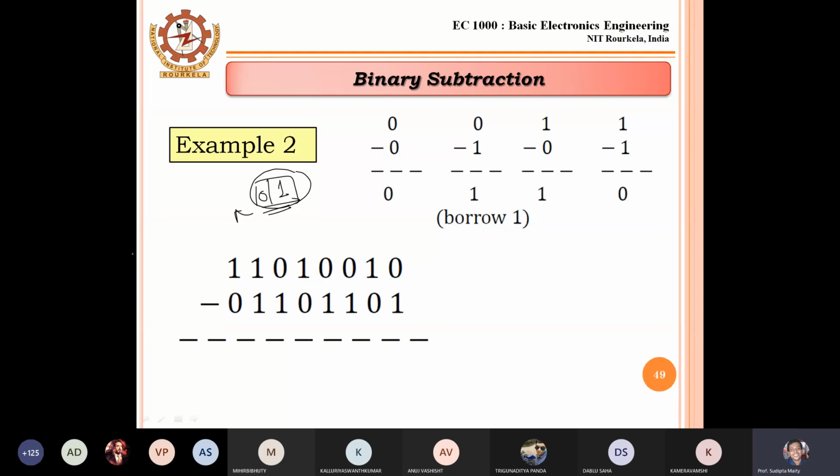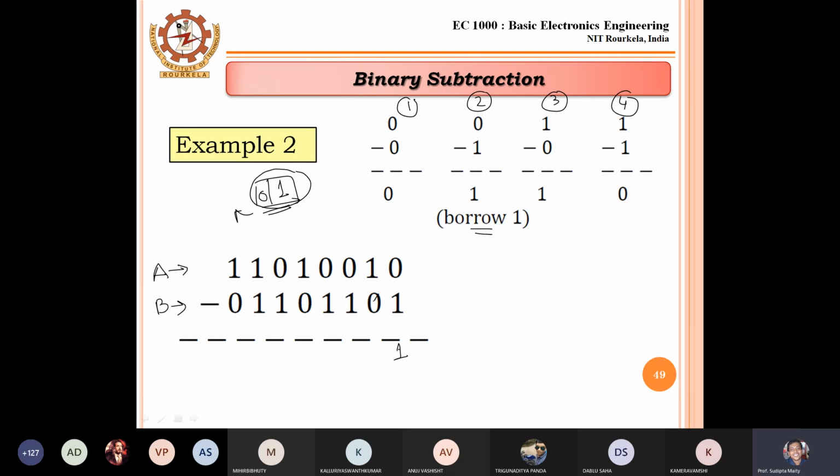So let's consider these subtractions. Again, it is A and B. Now it is 0 minus 1, so the second rule has to be performed. 0 minus 1 means it is 1 and borrow 1.